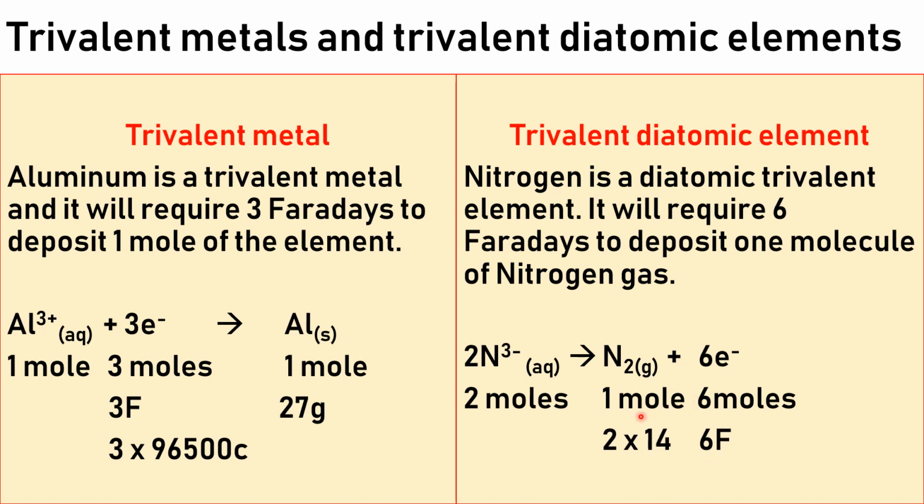The atomic mass of nitrogen is 14, but there are 2 nitrogen atoms here. That will be 2 times 14, and 6 moles of electron is equal to 6 Faradays. So what do we then have? 2 times 14 will be 28 grams, while 6 Faraday will be 6 times 96,500 coulombs of electricity.